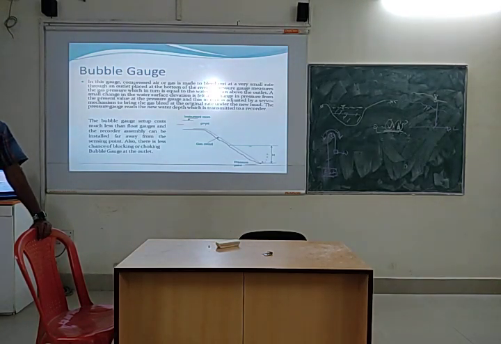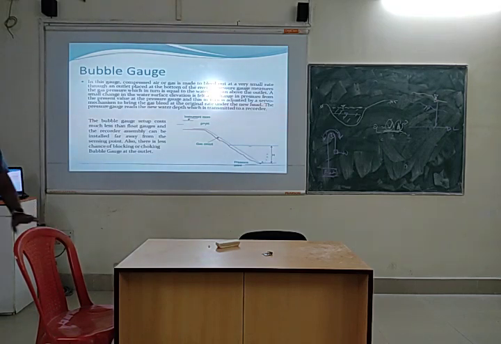And that can affect the float type of gauges. It can get stuck at the float, and obviously it will affect the measurement. So in this sort of case, the fear of blocking is pretty less, right?